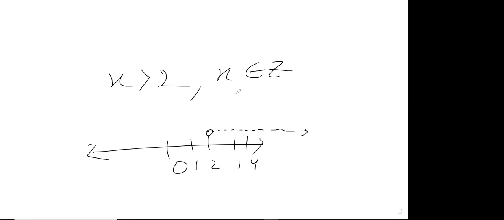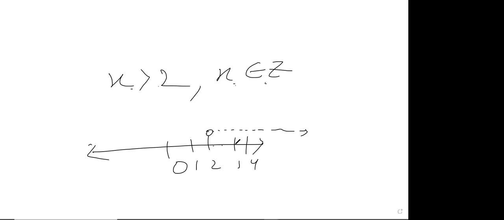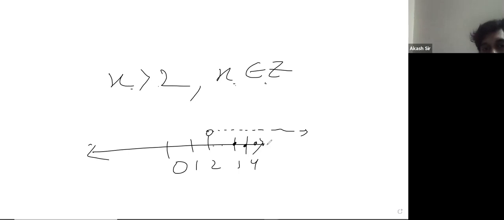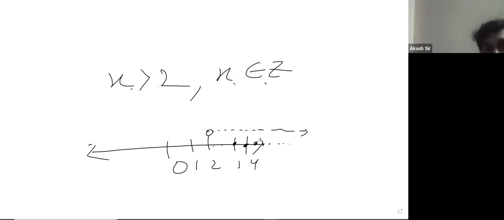But x is a whole number. That means 2.1, 2.3 cannot be our solution. Just 3, 4, 5, 6 can be our solution, right? So we'll have to show it like this in dotted form.